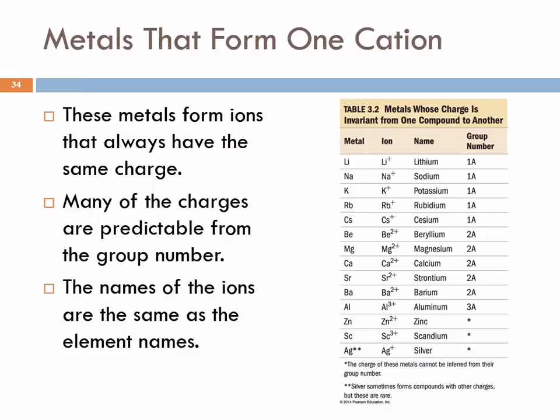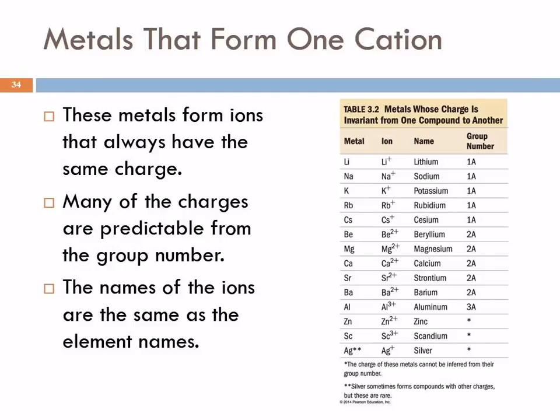So these are the ones that always have the same charge. Here we've got group 1A, group 2A, aluminum in group 3A, and then we've got these guys. Scandium, yeah, we're not going to run into scandium very much. Zinc and silver are important.